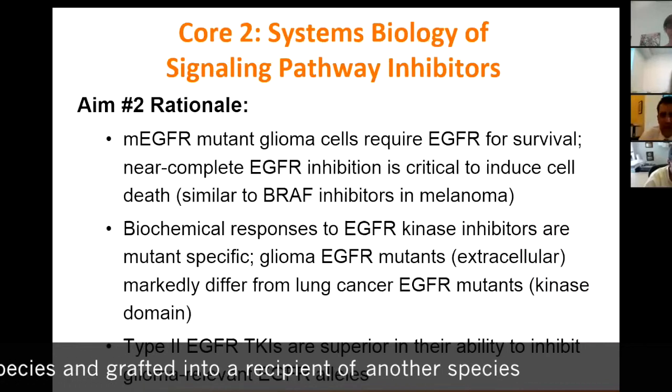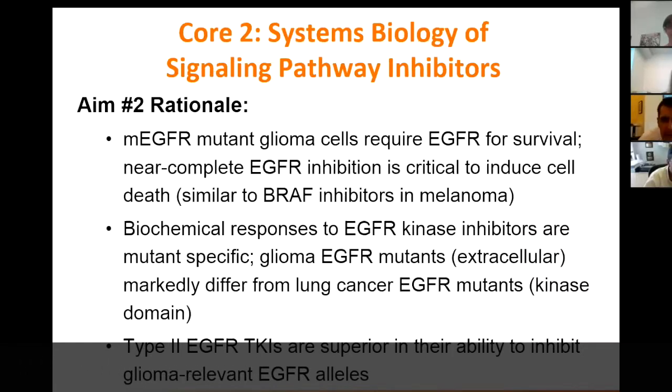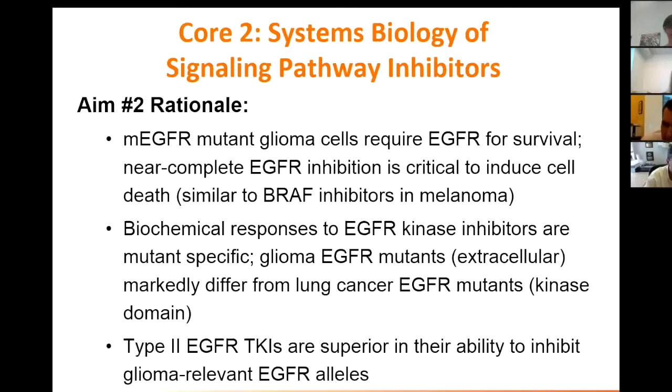So the second project brings you back a little bit to what you heard earlier regarding the epidermal growth factor receptor. And we're taking a very complementary approach to what Dr. Fenari told you. We are interested in this mutant receptor, mutant EGF receptor variant 3. There are also other mutations in the EGF receptor that we're targeting.